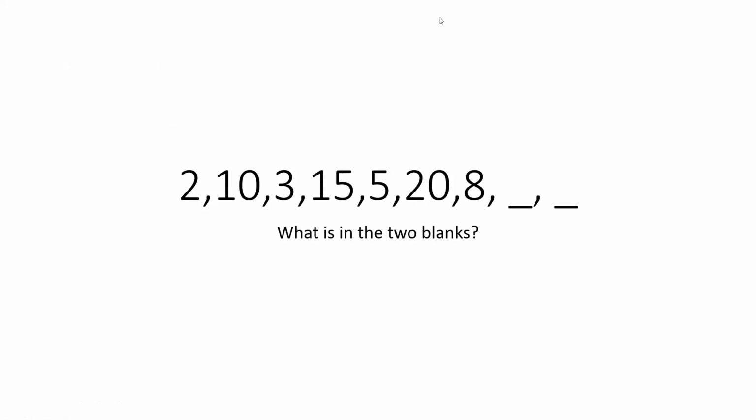Although you may say this doesn't really look like the previous sequence, think about it this way. If I cancel out 10, let me change the color. If I cancel out 10, cancel out 15, cancel out 20. Is it easier now? So the new sequence we get is 2, 3, 5, 8.